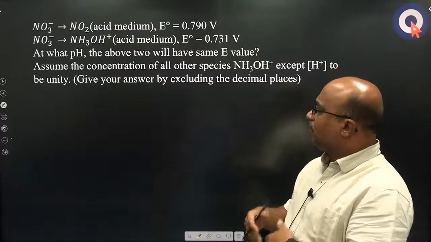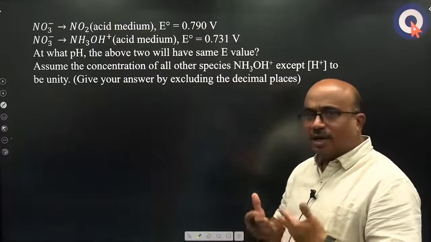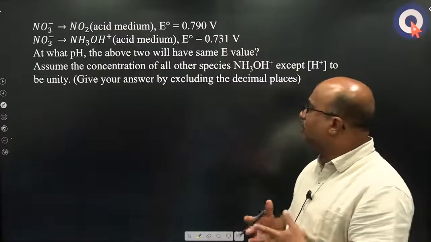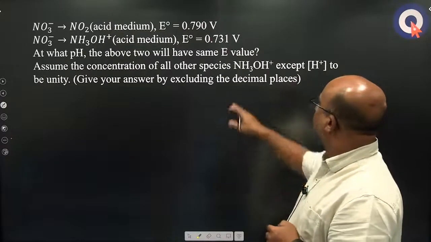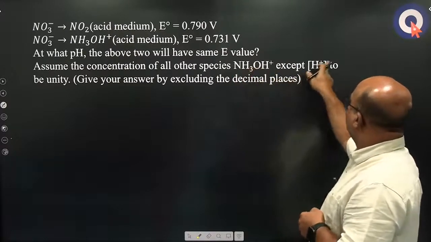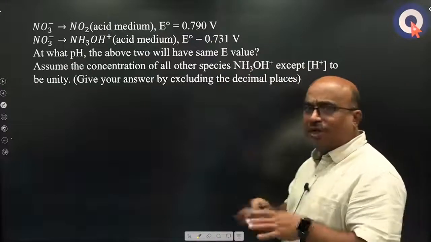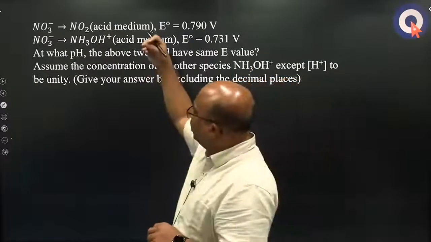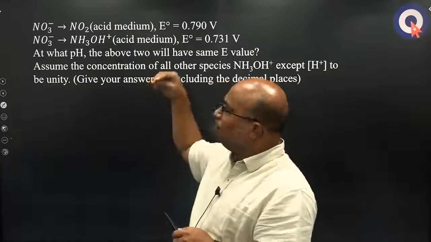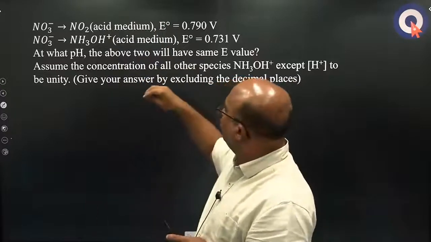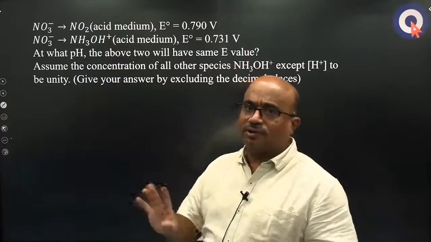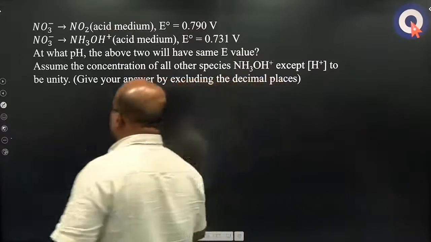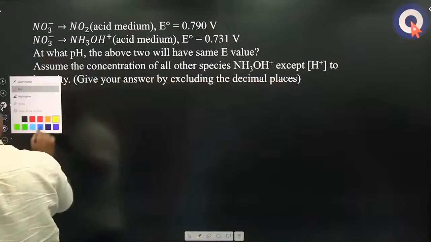That means you have to calculate the potential values at a particular pH. Assuming the concentration of all species except H⁺ is unity, whatever NO3⁻, NH3OH⁺ or NO2 exists, everything remains unity. Only H⁺ varies. So what is this cell reaction actually?